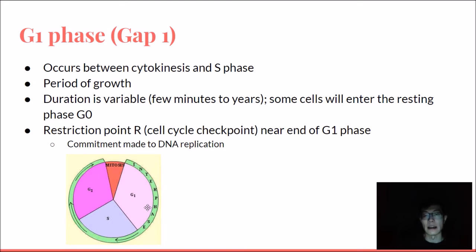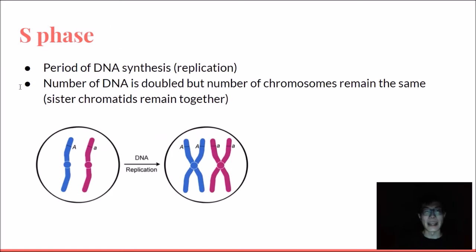So it says that it's ready to divide, it has all the machinery for now, and it's going to jump over that restriction point at the end of G1 into the S phase, it means it's going to be committed to DNA replication. So if the cell decides to go through the restriction point at the end of G1, it's committing itself to replication. Cool? Okay.